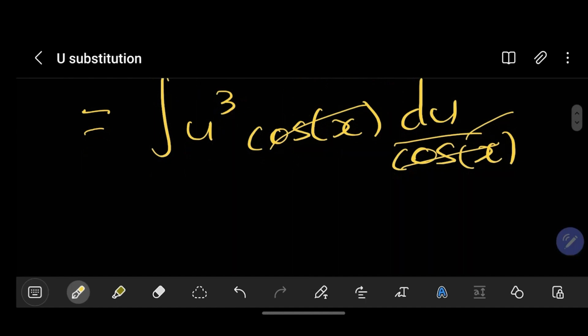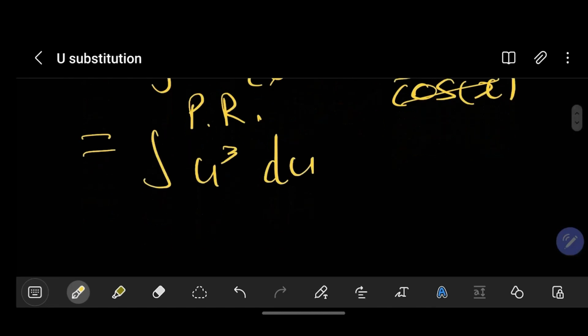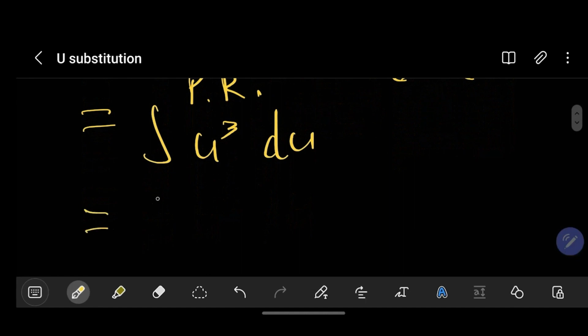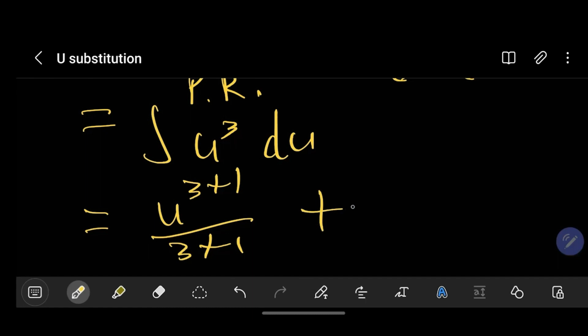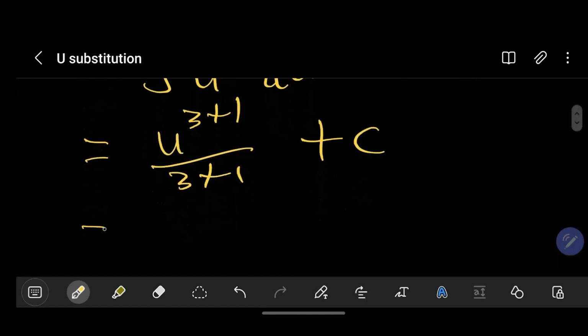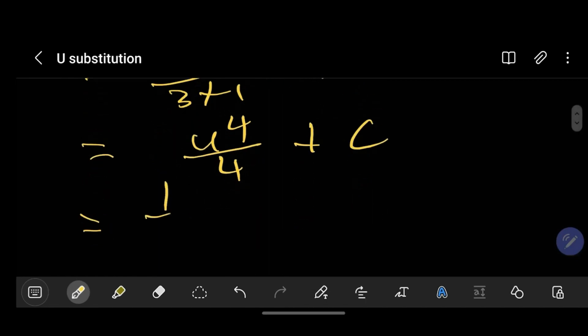So we now are in the power rule format that we can use. So this is now the integral of u cubed du, which, if you use the power rule, is u to the 3 plus 1 over 3 plus 1 plus c, which is basically u to the 4th over 4 plus c, and that is now 1 by 4.